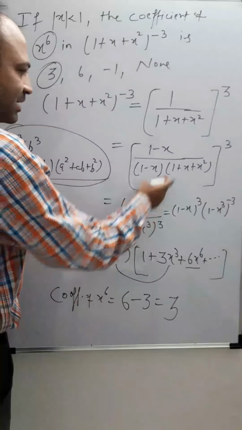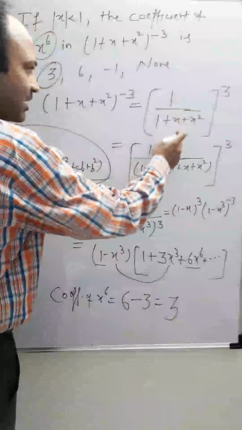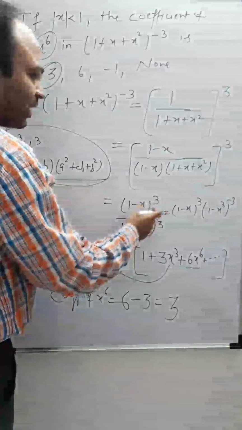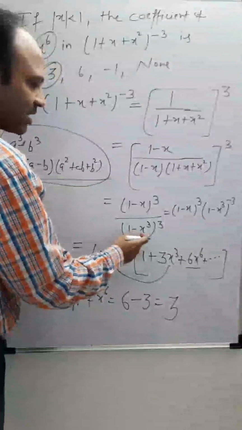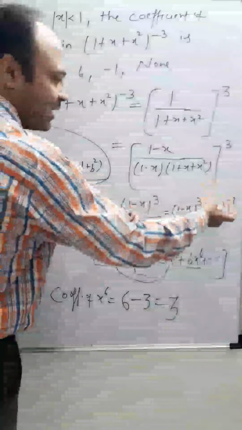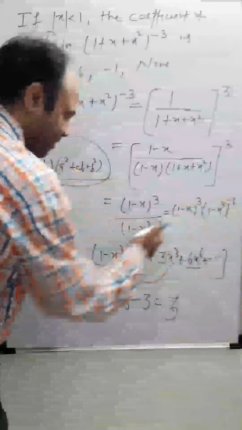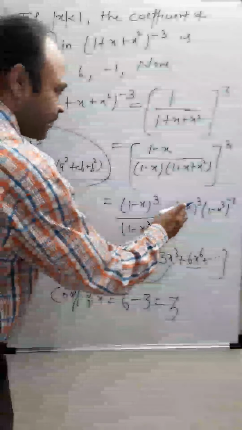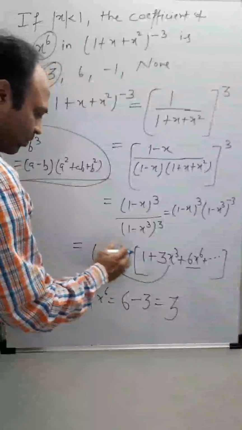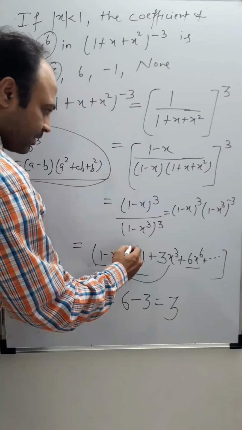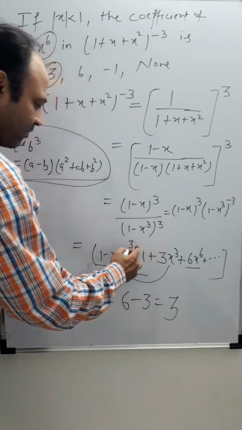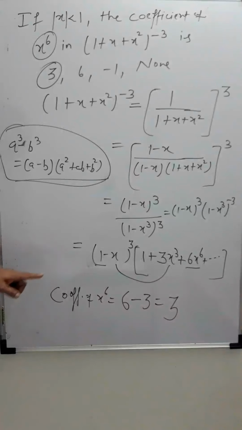So 1 minus x, multiply and divide, so 1 minus x whole cube, and here it becomes a cube minus b cube whole cube. We take it here, so 1 minus x cube to the power minus 3, and then we expanded this. Here we have 1 minus x whole cube.